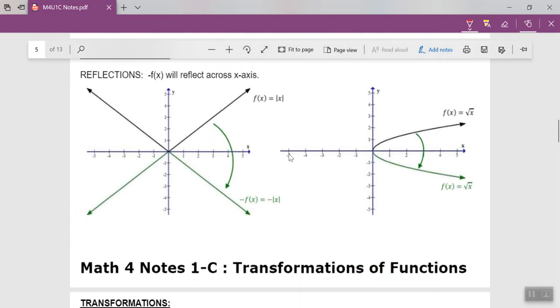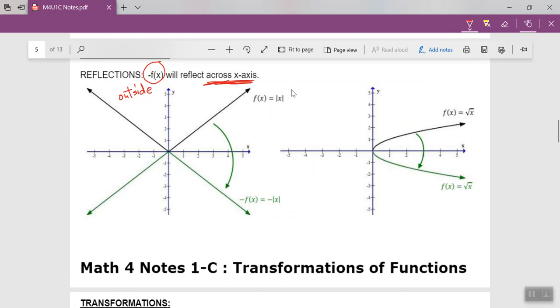Now, reflections. We're going to get a couple of things straight here: when the negative is outside, I'll circle that guy, it will reflect across the x-axis when it is out front of the function.